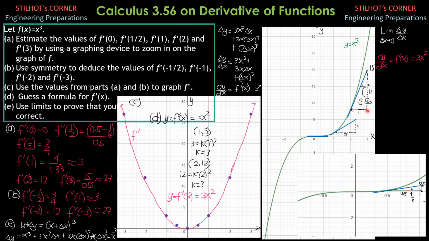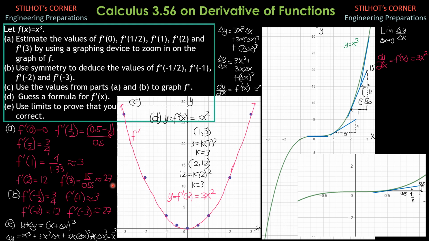So 12 over 1, so 12, while f prime at 3, which is here, is around 15 over 0.55. F prime at 3, 15 over 0.55, so around 27.